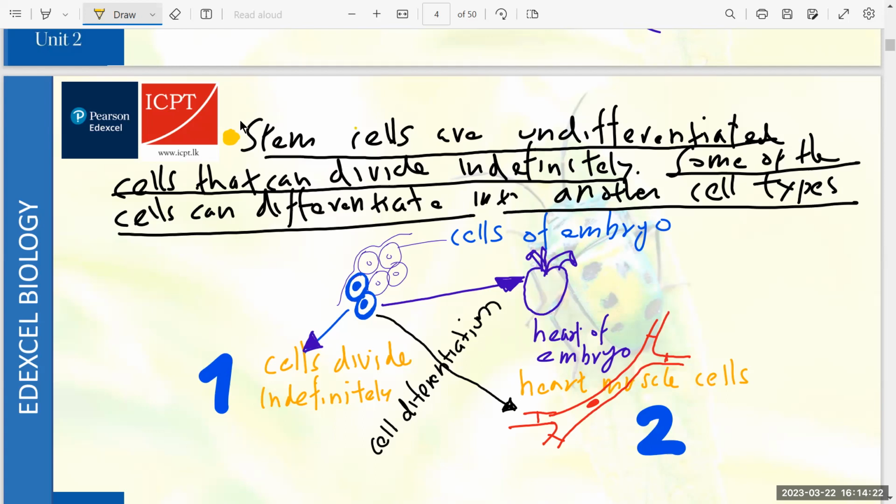So if a cell can do these two functions, they fall under stem cells. They come into this definition. They can divide and they can differentiate into different cells. Okay.